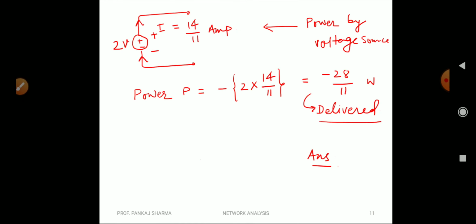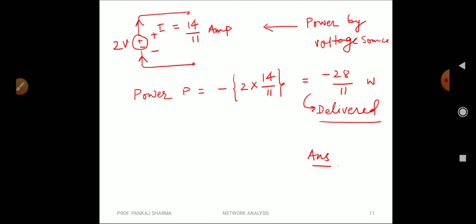Now the next part of the question of this circuit was to find the power by the 2 volt battery. So we have drawn the 2 volt battery here, and we have drawn the current passing through this 2 volt battery, I, which is 14 by 11 ampere from the previous slide. We have calculated this.